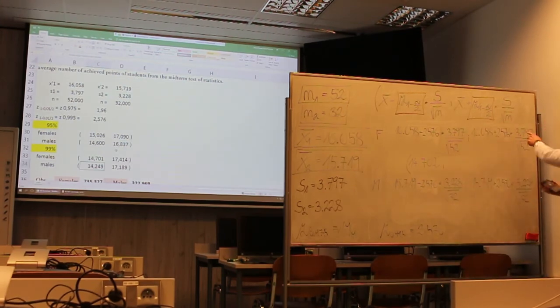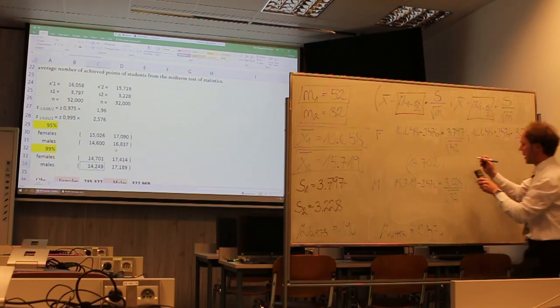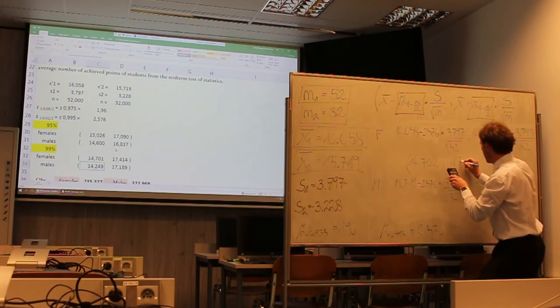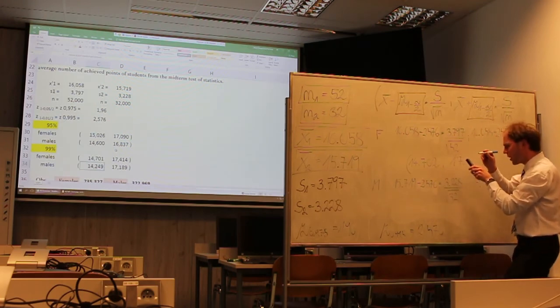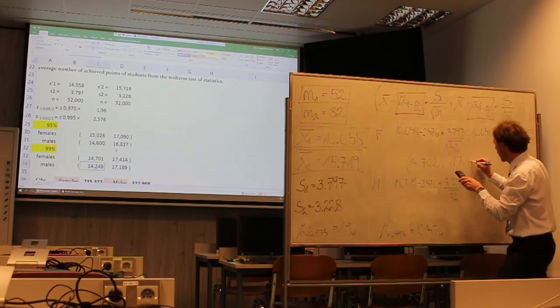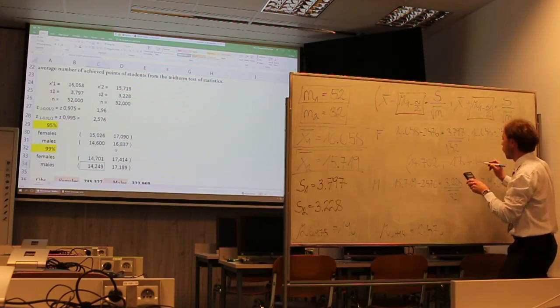Right side: 3.797 divided by square root of 52 times this quantile 2.576, and now plus 16.058. So right side 17.414.